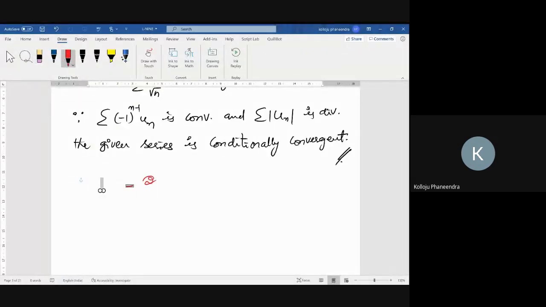Next problem, sigma minus 1 whole power n by n factorial. Simple one, I think you can do this. Solution.